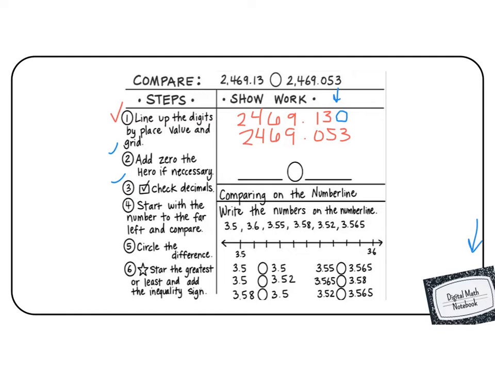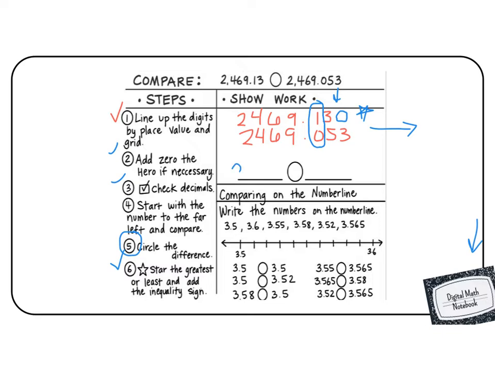So we see a 2 and a 2, a 4 and a 4, a 6 and a 6, a 9 and a 9, a 1 and a 0. It says circle the difference. So here is where I have a difference. And step number 6 says star the greatest number. So our greatest number is this one. And then we'll write them with a less than or greater than symbol.